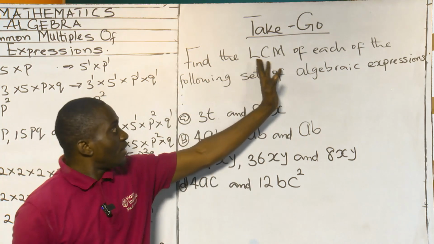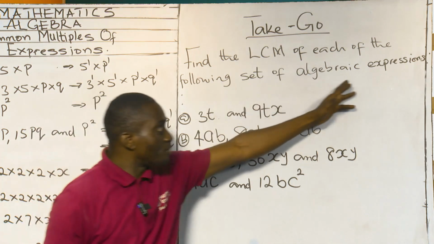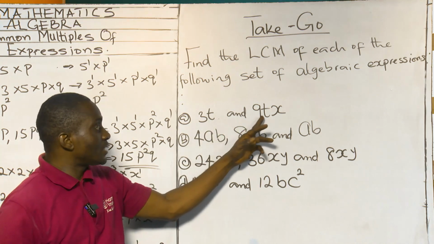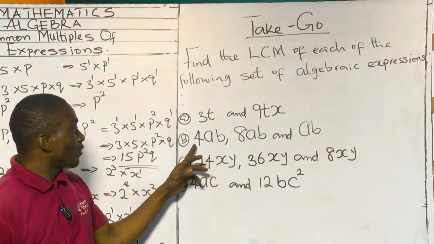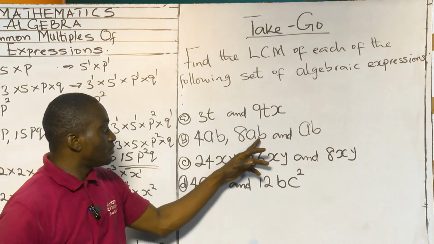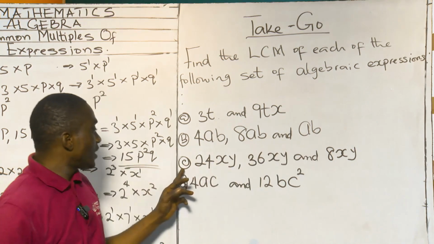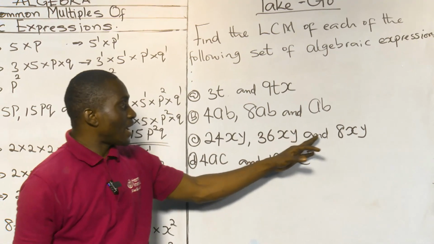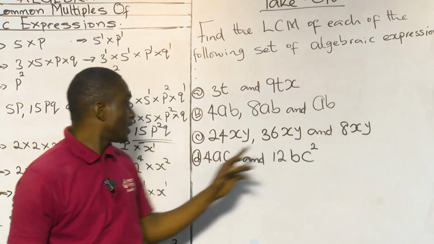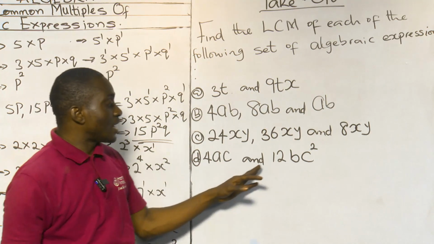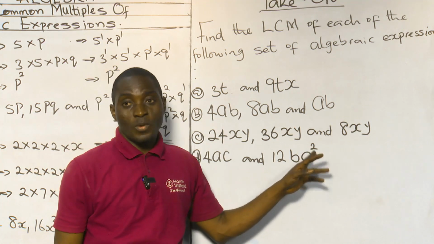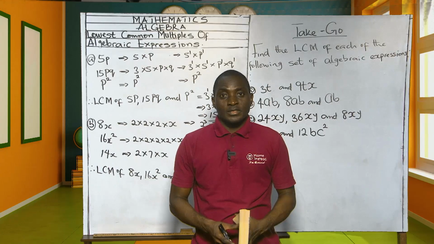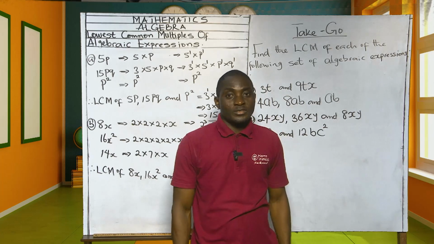Find the LCM of each of the following sets of algebraic expressions. A: 3t and 9tx. B: 4ab, 8ab and ab. C: 24xy, 36xy and 8xy. D: 4ac and 12bc squared.